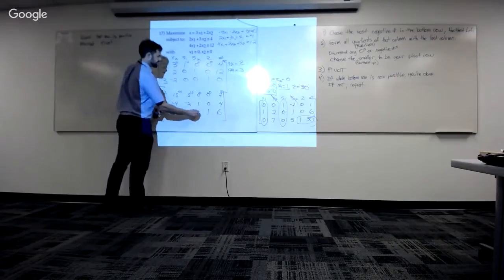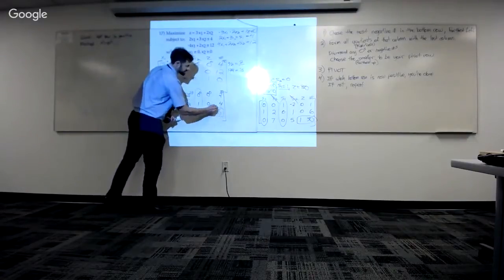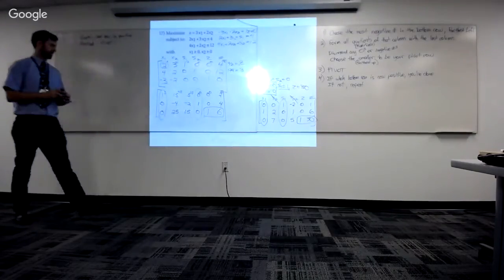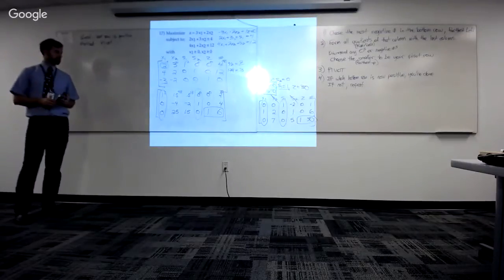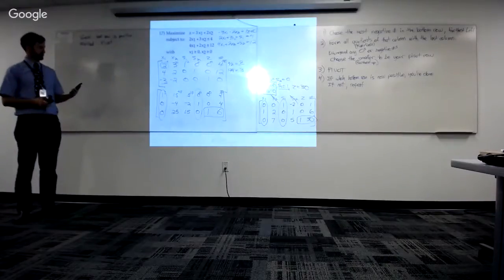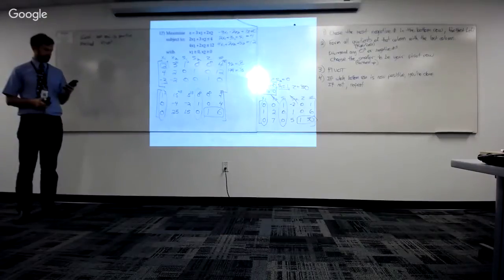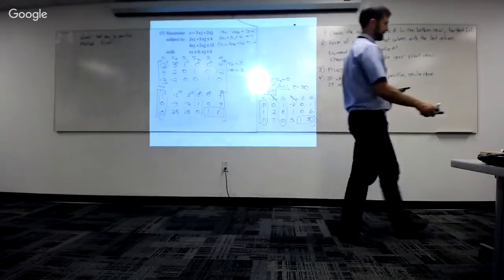You also have this column to look at. And then you also have your z value to look at. So I'll give you a second to catch up on that.